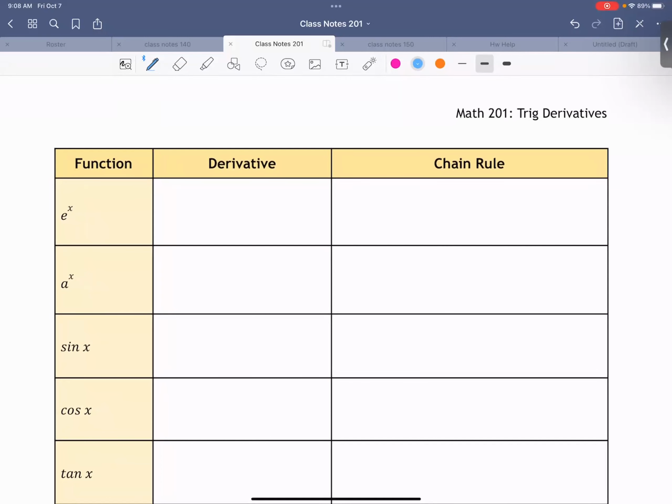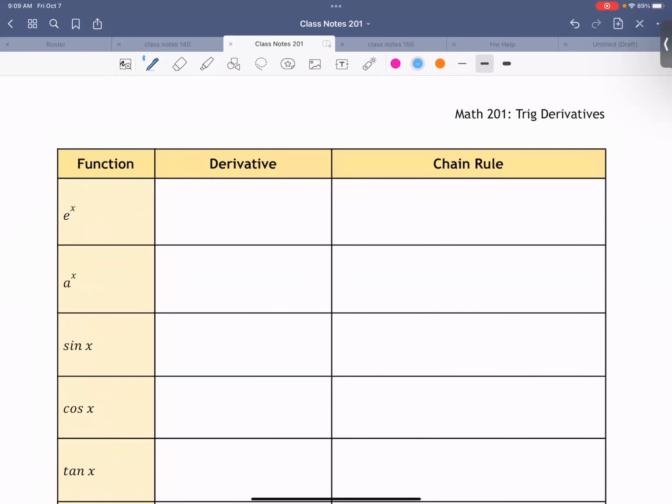So on the top, I have these different columns. One of them is going to be just the derivative. And on the right, we're going to have the chain rule. So as we look at the chain rule, what are our derivatives going to look like? Okay. So first one is probably our easiest one. We have e to the x. Everyone at once, what's the derivative of e to the x? 3, 2, 1. Good, e to the x. Okay.